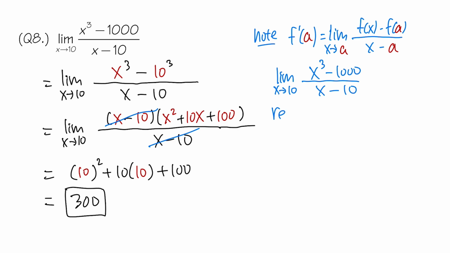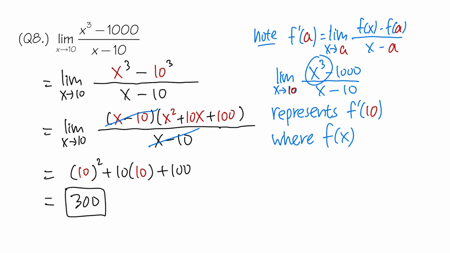This limit represents the derivative as well. It's f prime of what? F prime of 10. Yes, because you see that x is approaching 10, right? And now what's the function? Well, the function is just x to the third power.